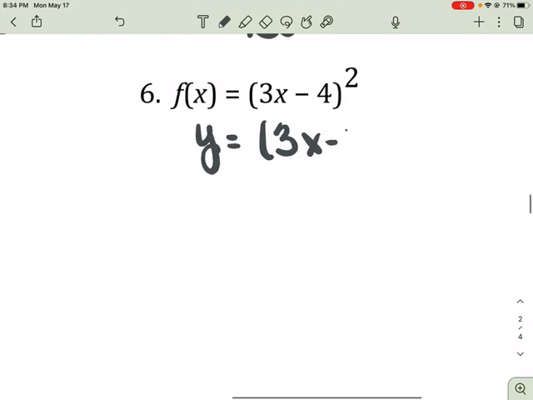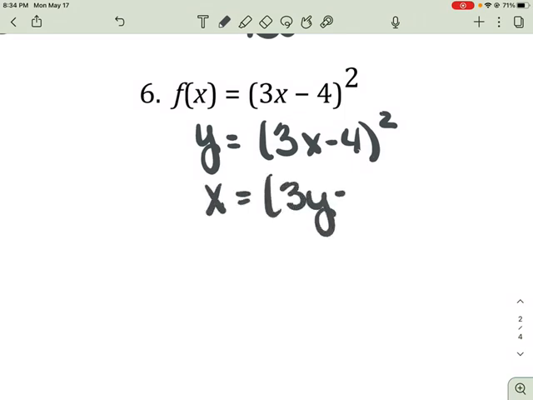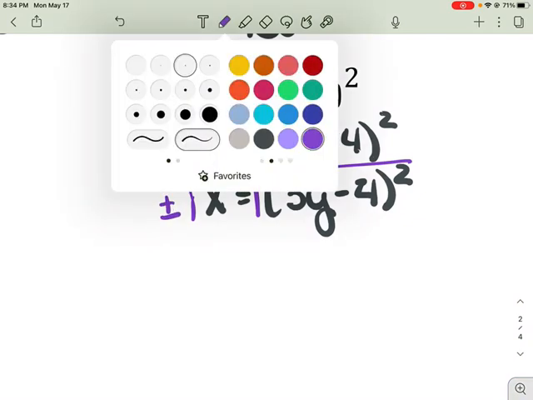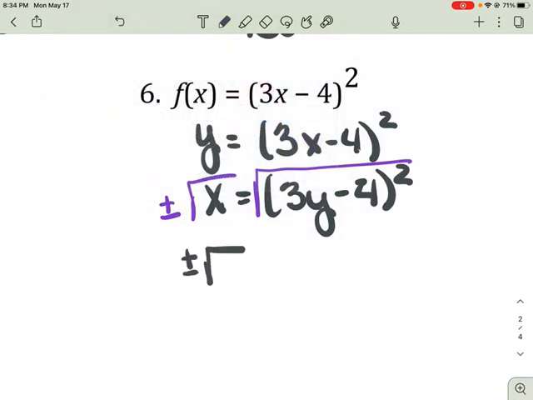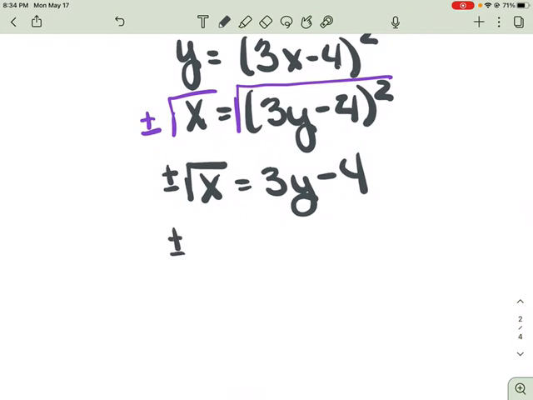So we're going to make it y equals. Oh, look at this. We're going to square root both sides. Oops, I forgot to switch my x and y. Wouldn't have been an inverse. Okay, square root both sides. And again, plus or minus. So plus or minus the square root of x equals 3y minus 4.